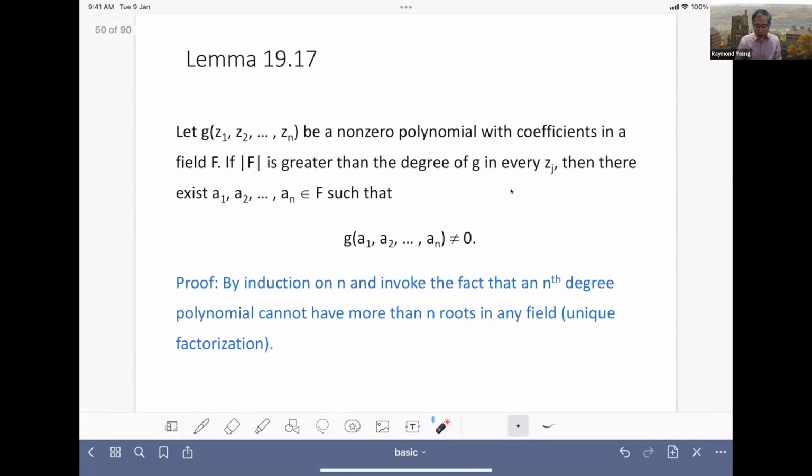Okay, so here's another lemma which I won't get into the details, but basically it says the following.